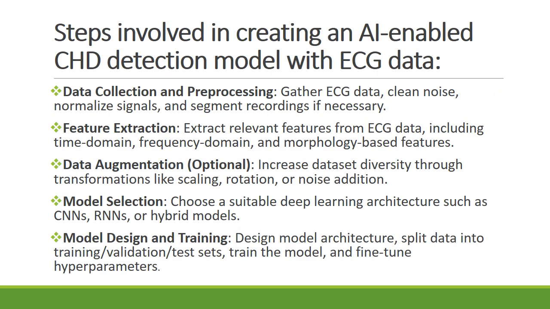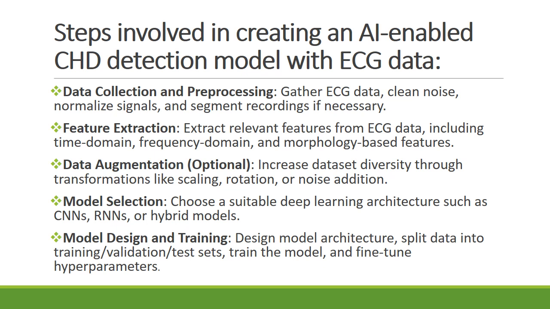So we have the steps involved in creating any AI-enabled congenital heart detection model with electrocardiograph data. So we have data collection. This is gathering the data, cleaning it, normalizing the signals.